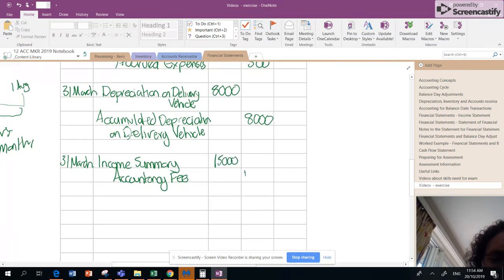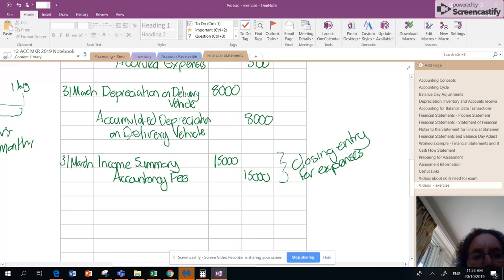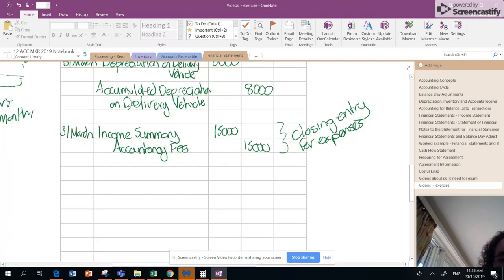Okay, so this is the closing entry for expenses. And so therefore, it's always going to be debit the income summary account, credit the expense, whatever its name is.